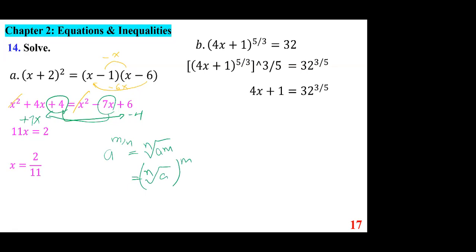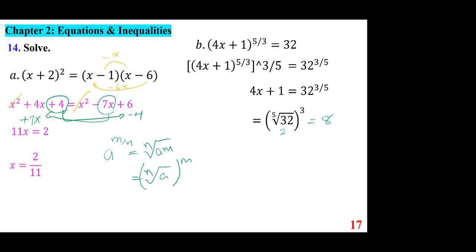And the reason I'm writing it this way is because I want you to see why the right side becomes that. The fifth root of 32, we know this is 2. Okay, class?